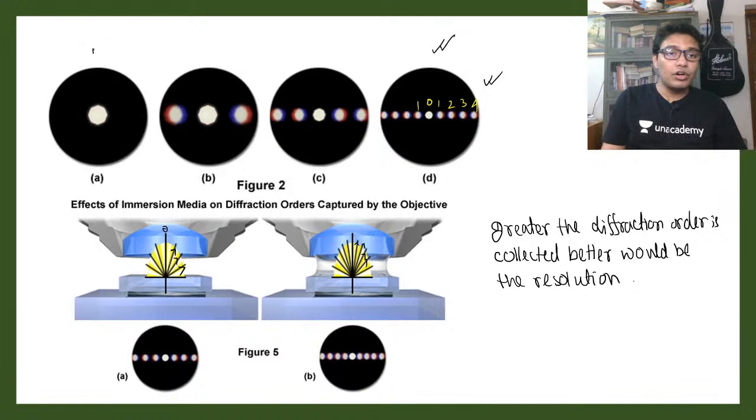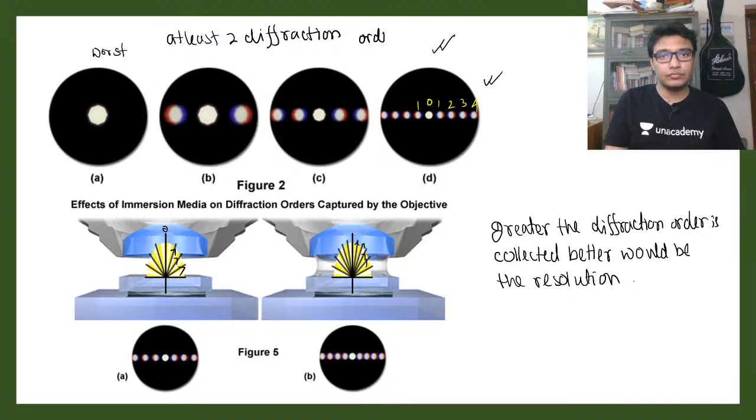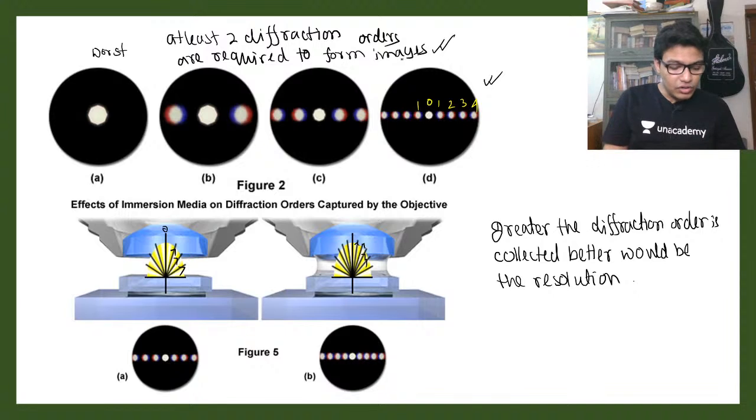This would be the worst image because it has only 1 order of diffracted light, and 1 order is not able to create interference. At least 2 diffraction orders are required to form images.